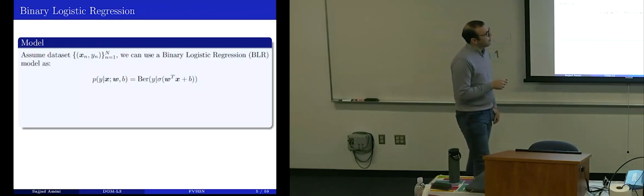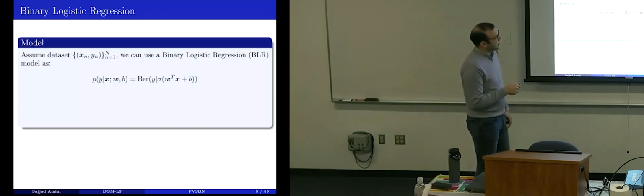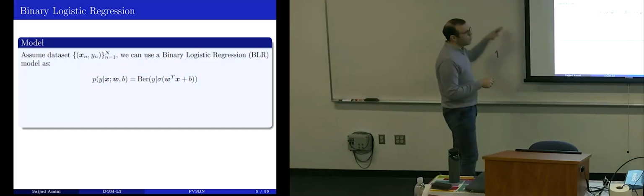So the resulting model for this problem is this conditional distribution. What does it say? It says that you should define a distribution over 0 or 1 using the input and also some parameters of your model. And as you can see, the most general case here is the Bernoulli distribution. It is the total family. This is the full box.